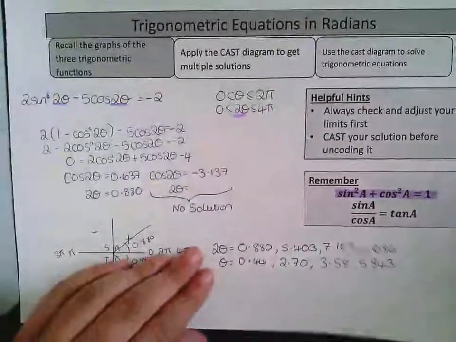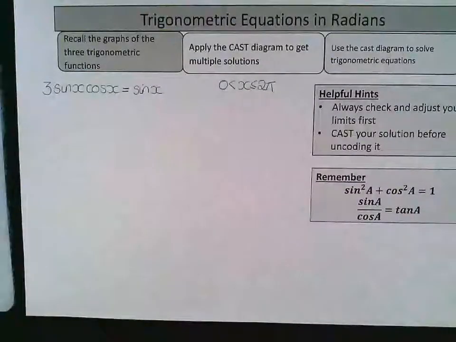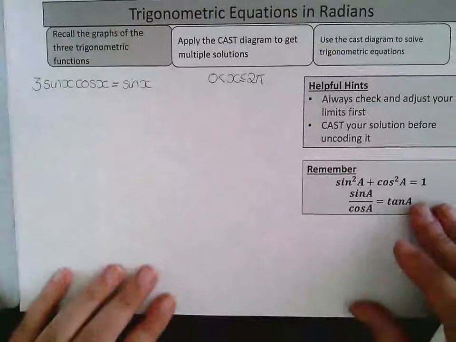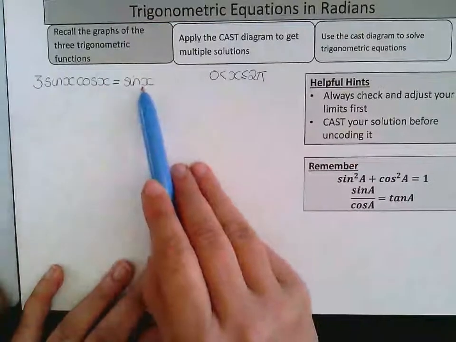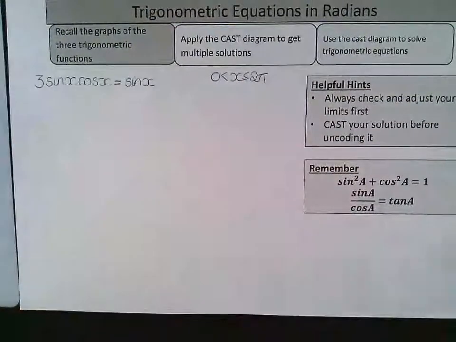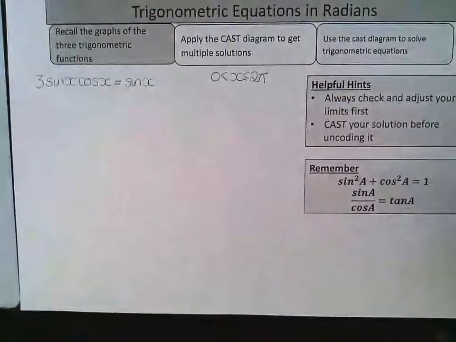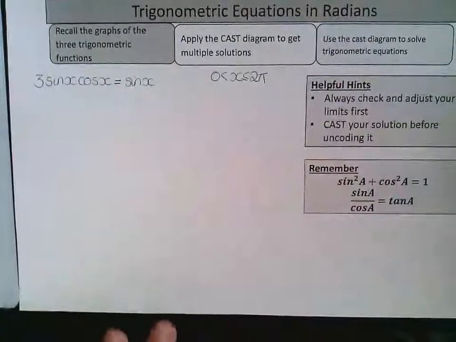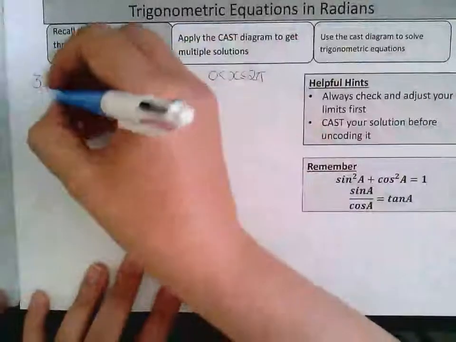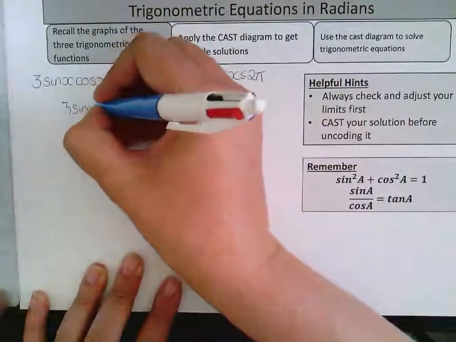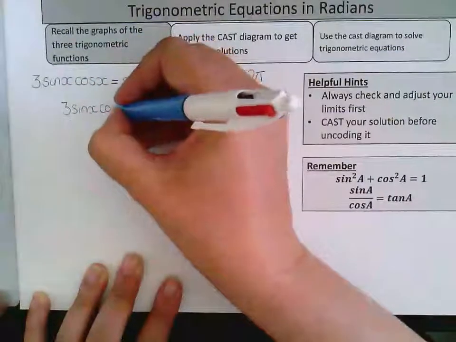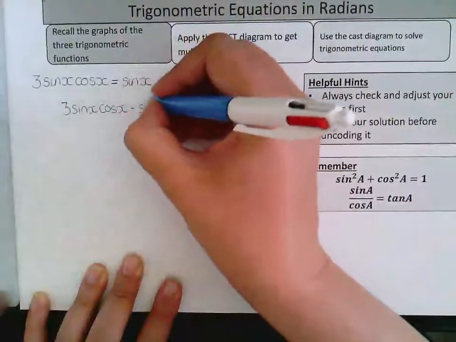Let's do one more. Now, first of all, check what's inside. X, X, X, X. Good. Limits are good. Avoid dividing through by sine here. If you do, you can lose a solution. What you should do is make it equal to 0.